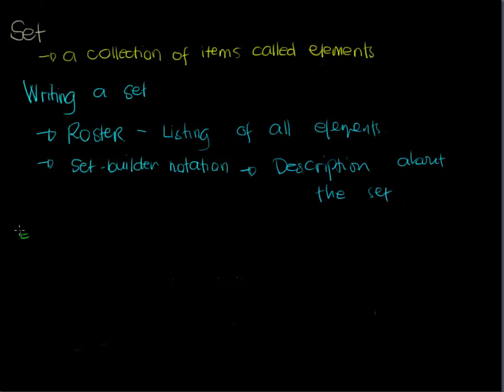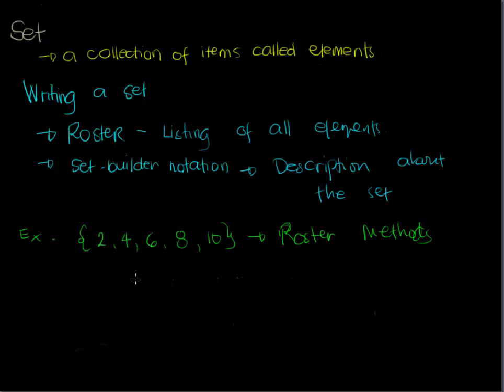Let's say we have a set. The elements are 2, 4, 6, 8, and 10. This example, the way it is written, is actually what we call roster method, because technically you are just writing all the elements inside the set.